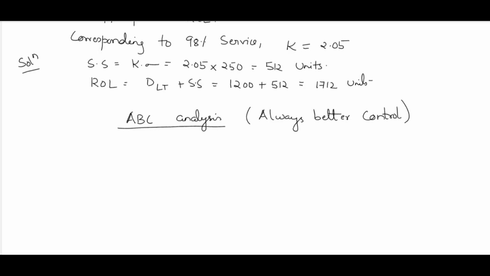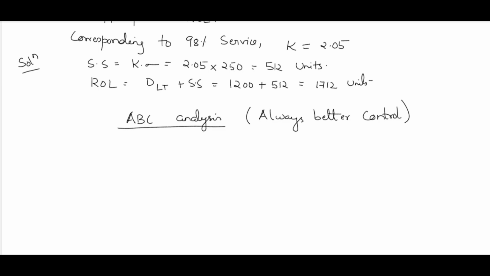By this technique we can classify the items in the store based on the demand of the stock. In ABC classification, we divide the inventory items into three categories: A category, B category, and C category.